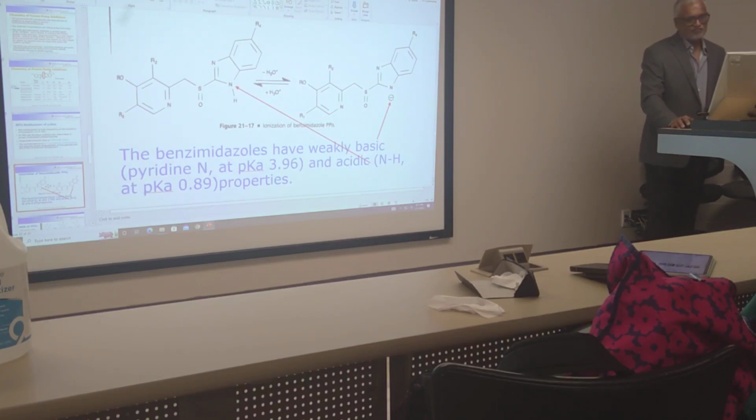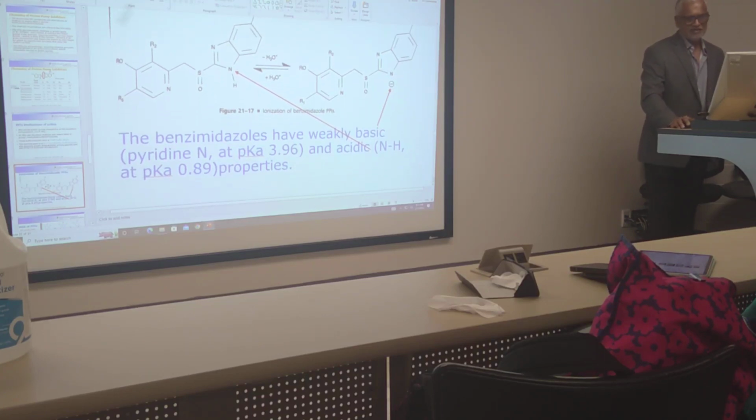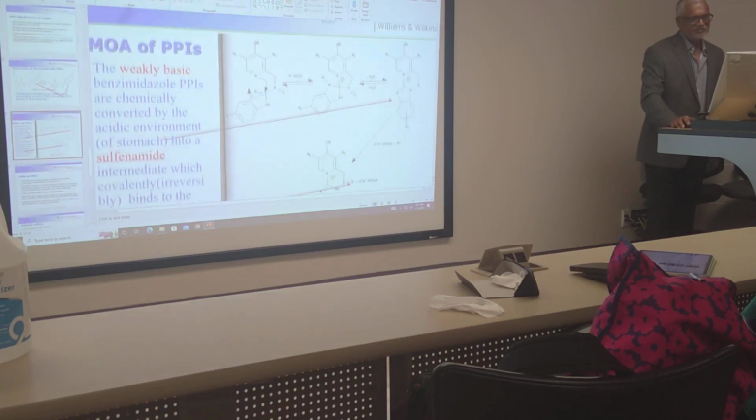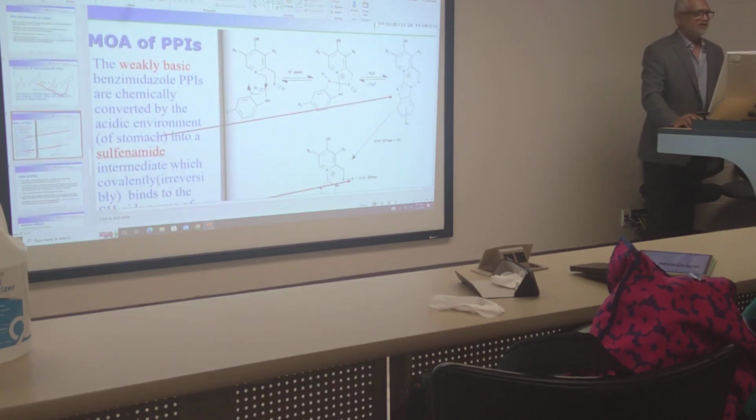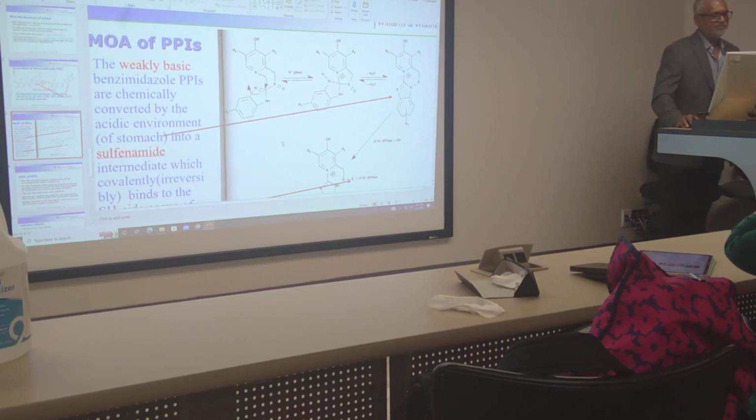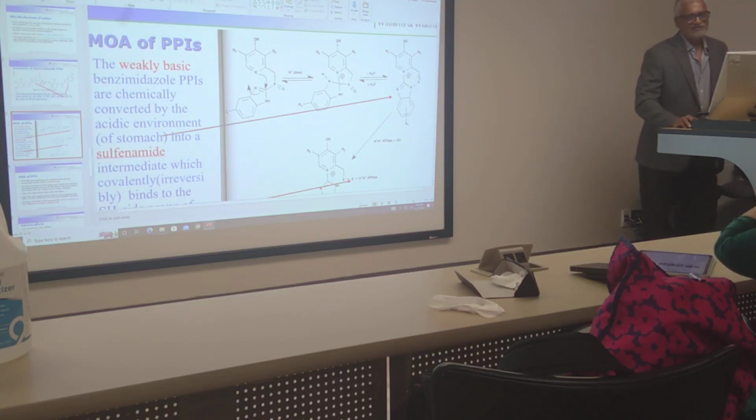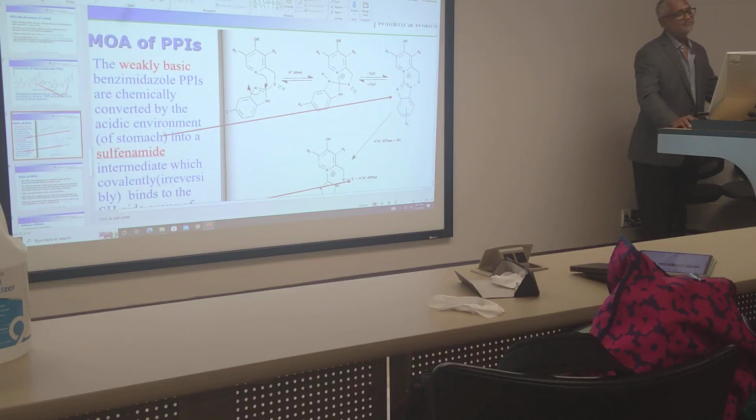Going a little further, how does this ionization make the compound active? The weakly basic benzimidazole PPIs are chemically converted by the acidic medium into sulfenamide. This is the sulfenamide structure, and there is a ring formation, and the protonated form is required for this ring formation.